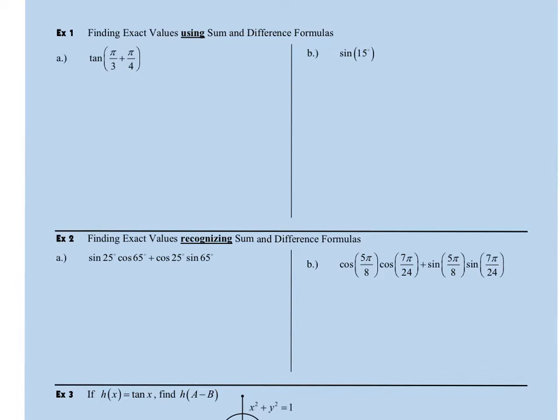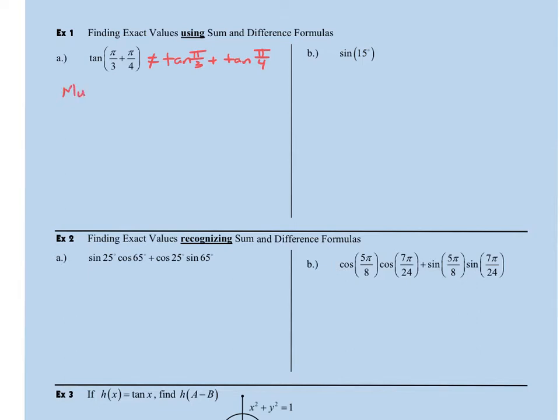Now, on this first example, we want to automatically remember that the tangent of pi over 3 plus pi over 4 is not equal to the tangent of pi over 3 plus the tangent of pi over 4. You do not just take the individual tangent values. Instead, we are going to apply the formula that we developed.